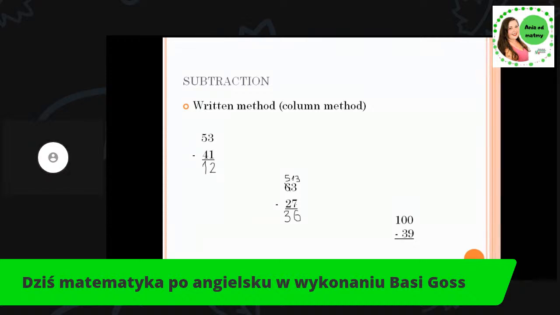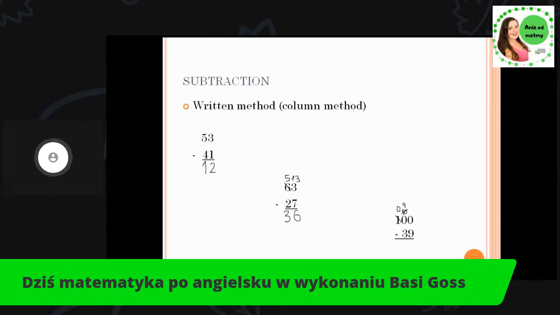We can't take away 9 from 0 because 9 is bigger, so we want to borrow from the next column, but there is nothing there because we have another 0, so we have to borrow from the hundreds column. If we borrow from there, we're going to have 0 left there and 10 here, but we want to borrow again, so this is not going to be 10.